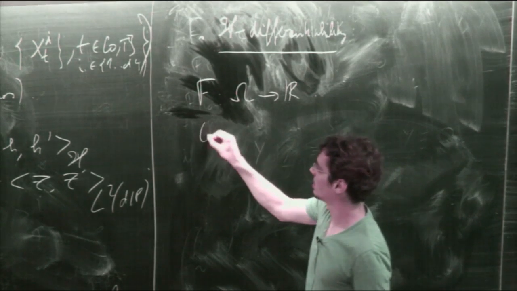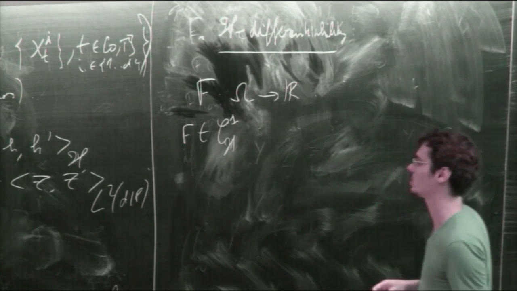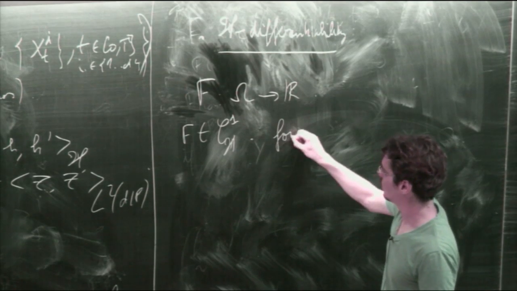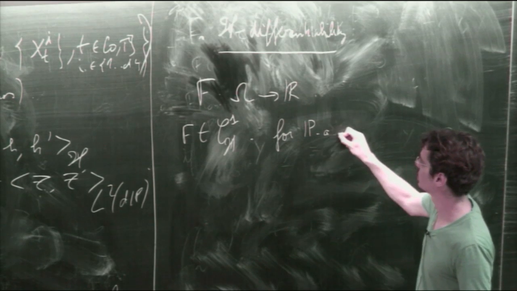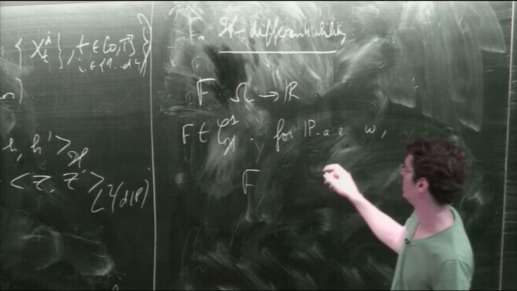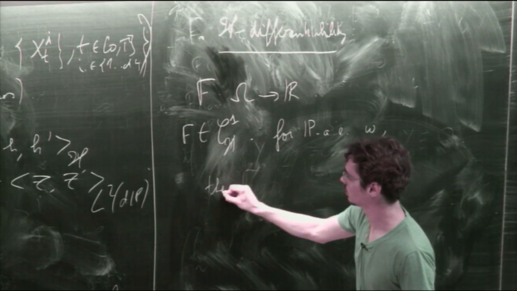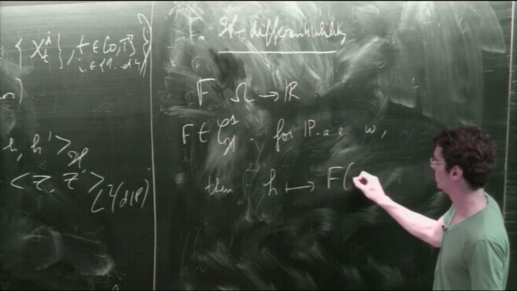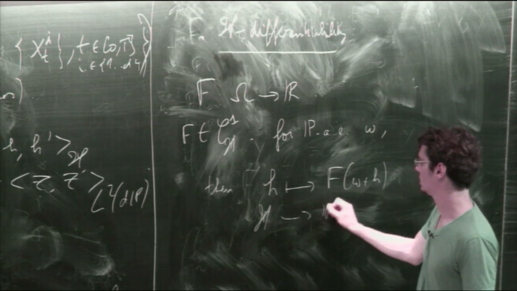And say that it's H-differentiable, which we call C1_H, if for P-almost every omega, you look at the map translating omega along the Cameron-Martin directions. Then the map h maps to f of omega plus h, defined on the Cameron-Martin space.